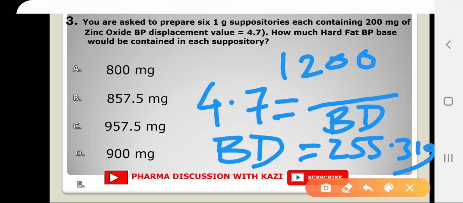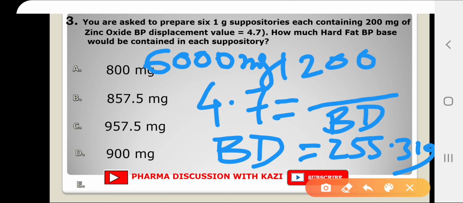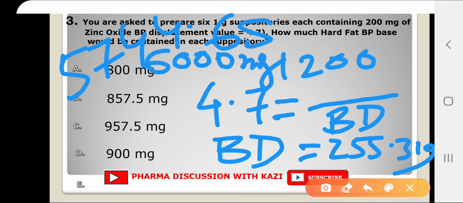Now the base required for 6 suppositories is 6 into 1 gram, that is 6000 milligrams. Now the base displaced is 255.319. So 6000 minus 255.319 equals 5744.681.